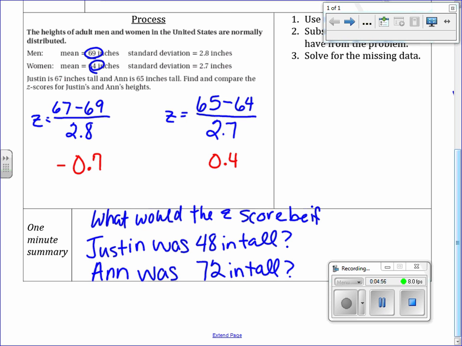Go ahead and figure those out on your own, and let's go ahead and find out that information.